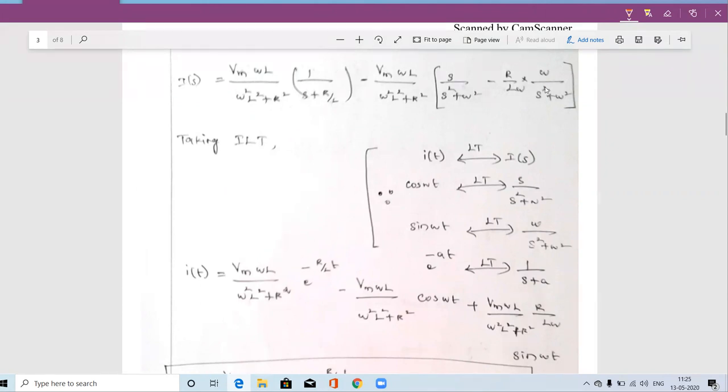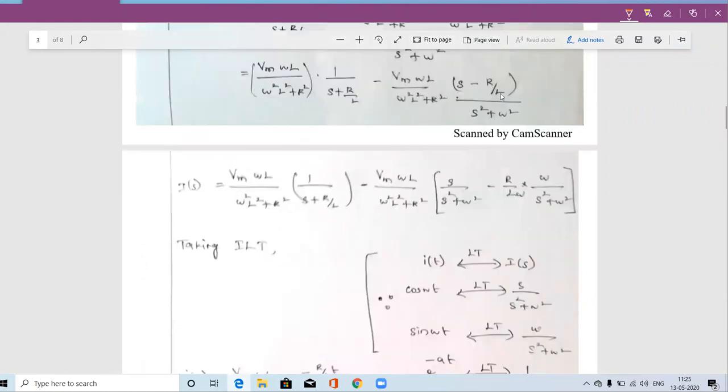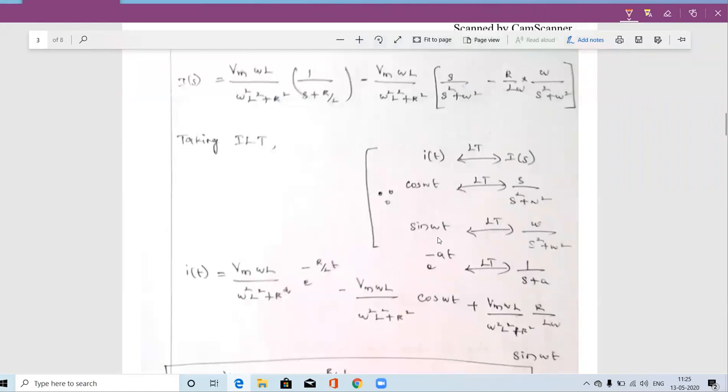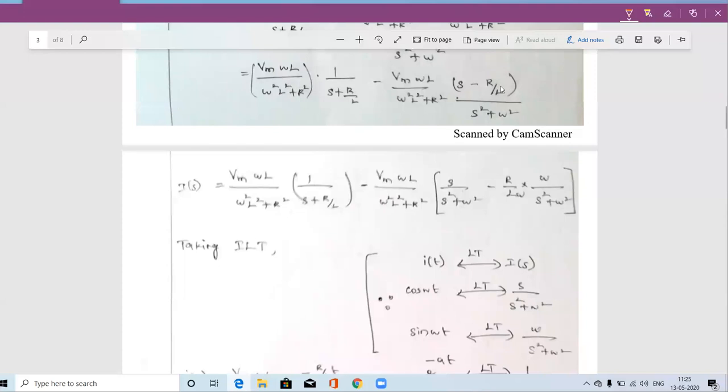And one more thing, here we have R by L by s squared plus omega squared. But we have the sine omega t formula. What is the Laplace transform of sine omega t? Omega by s squared plus omega squared. So here in this numerator omega is not there. That's why I am multiplying omega in the numerator and denominator.